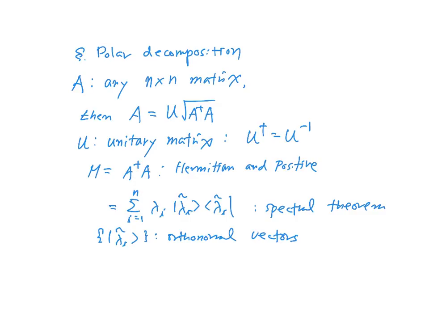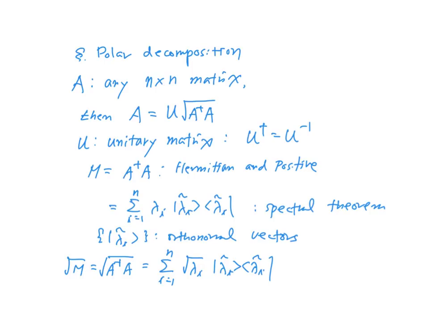Then using the spectral theorem, you can actually calculate this M, and the square root of M, with the square root of λ_i. We can calculate up to this part, right? So maybe you can save some space here.